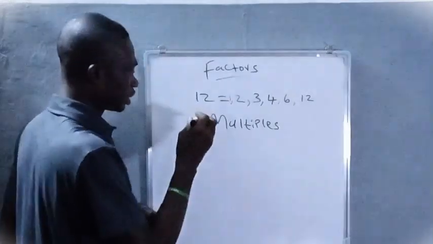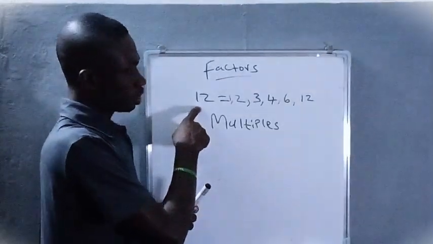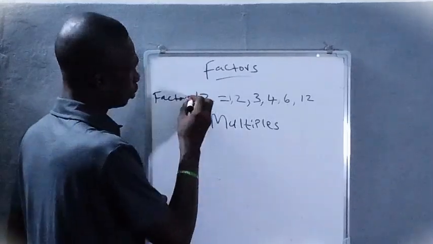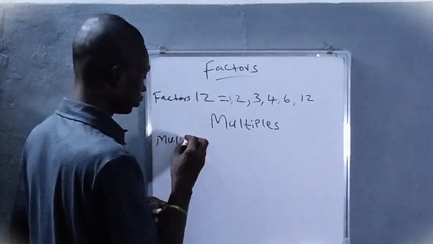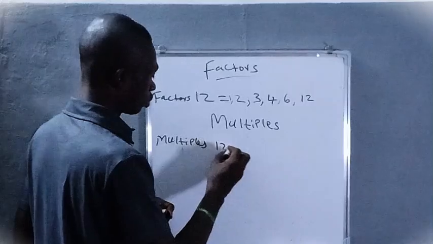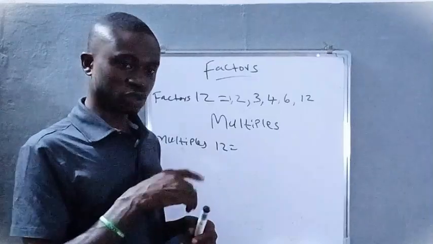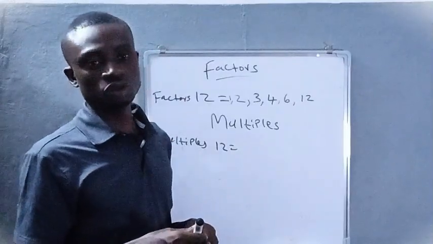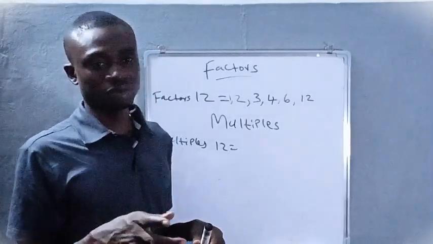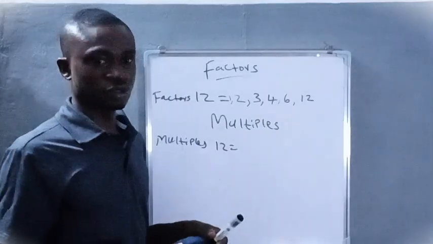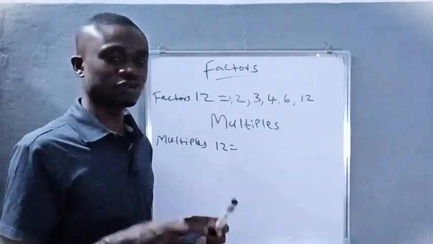So, for instance, let's use this particular example we just used, 12, and the factors of 12. These are the factors of 12. What of a situation when you say multiples of 12? Multiples of 12 cannot be the same as the factors of 12. I just told you that multiples are gotten by multiplying that number by whole numbers. In nursery or primary school, you hear 2 times 1, 2, 2 times 2, 4, 2 times 3, 6, 2 times 4, 8.